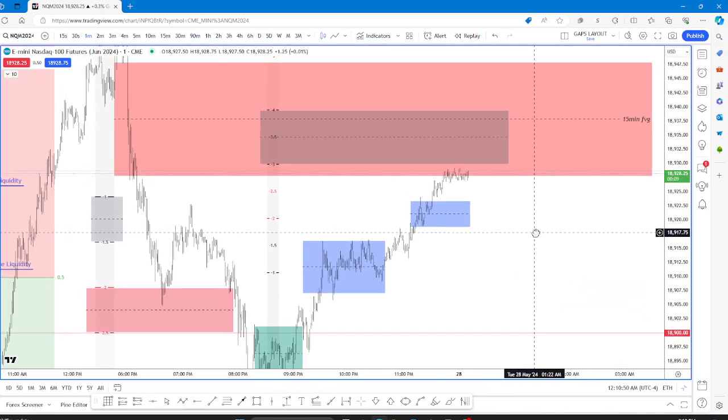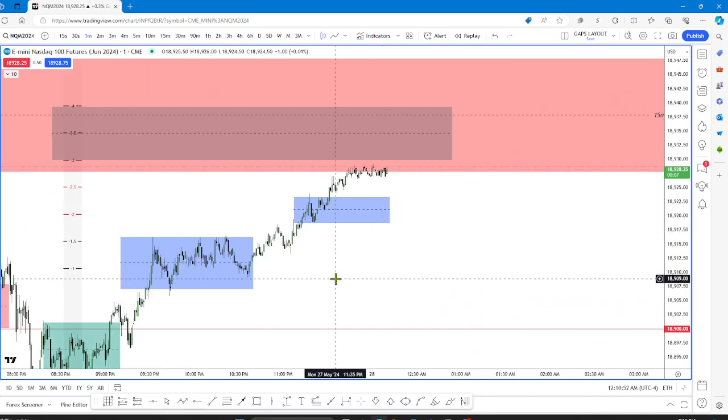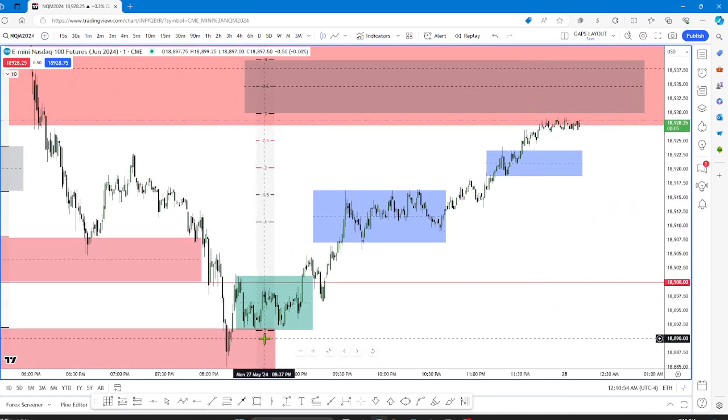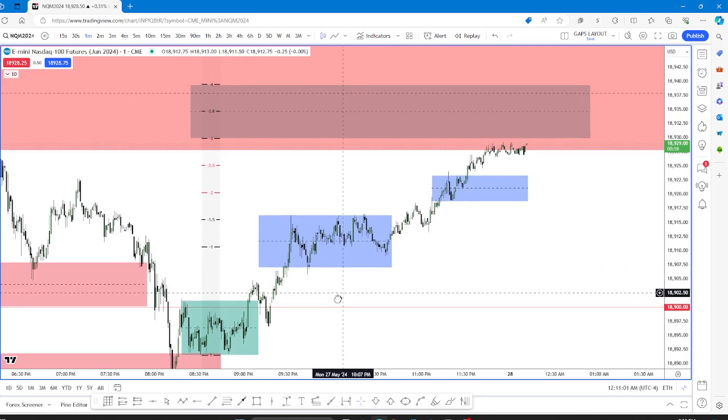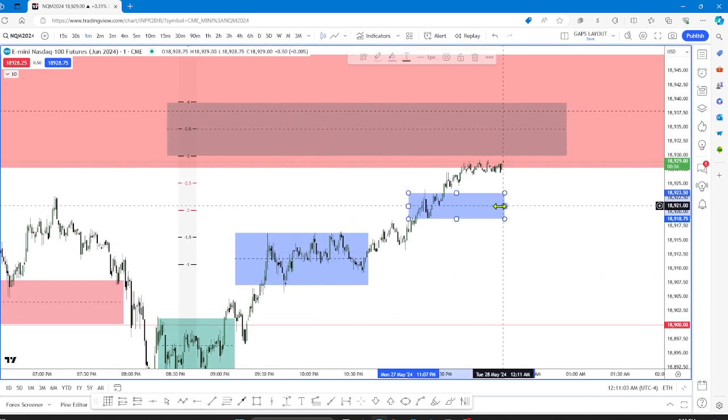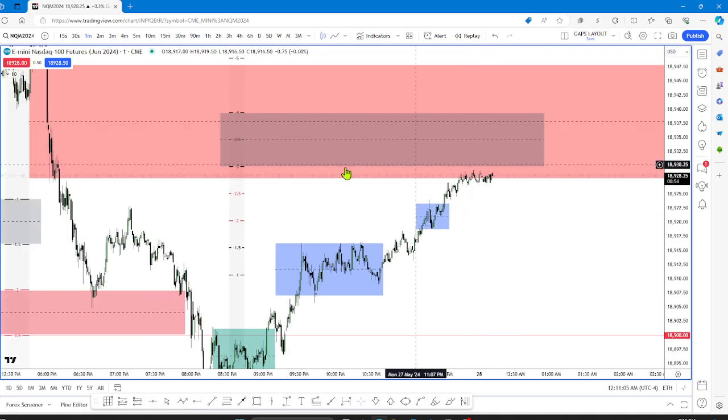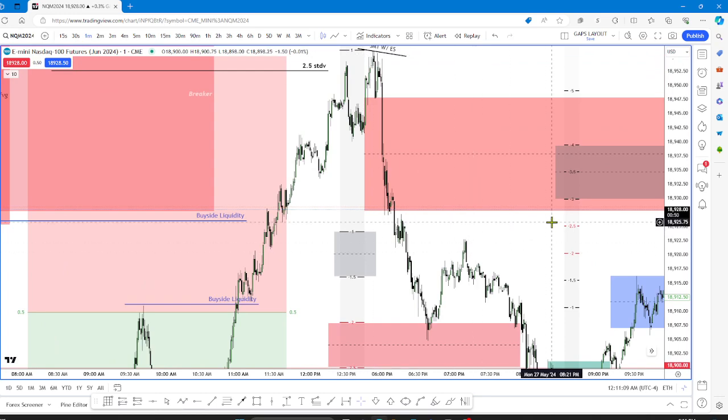But for all intents and purposes, for studying and practicing projection theory, measuring these ranges, original consolidation, different stages of the buy side and the sell side of the curve, we can see how everything just kind of repeats up and down, right?